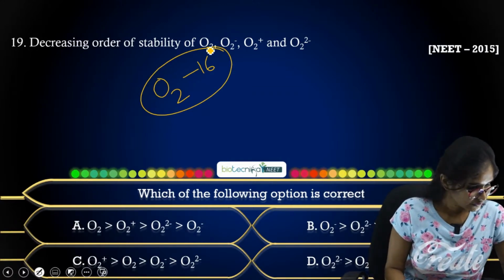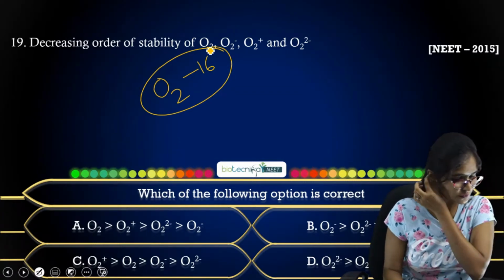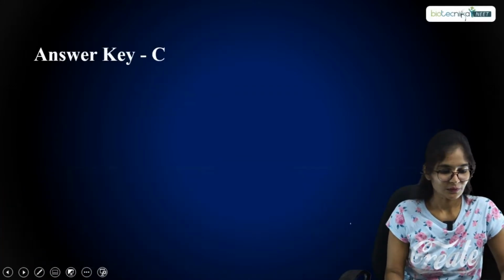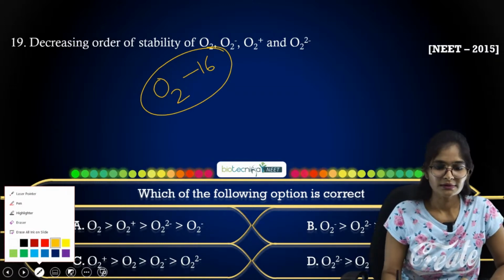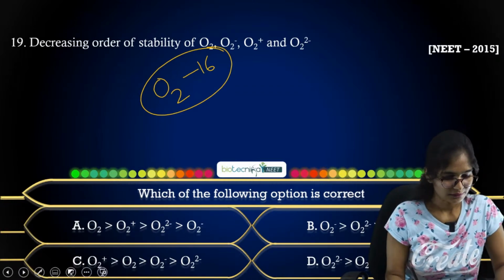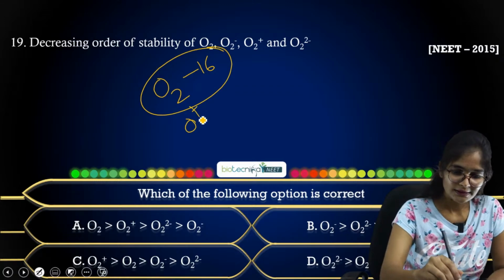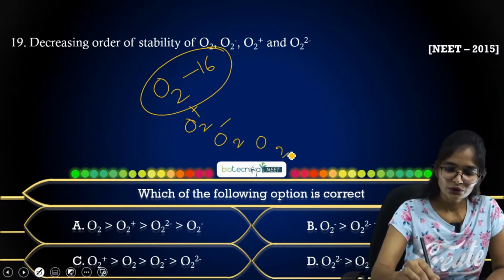Mallikarjun has answered option D, Vinod option C, and Noble Wolf option C. Let us look at the answer. The answer is option C: O2 plus, O2 and O2 minus. Consider O2, O2 plus, O2 minus and O2 2 minus.